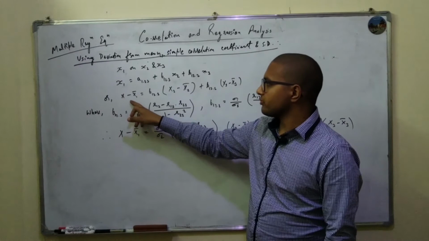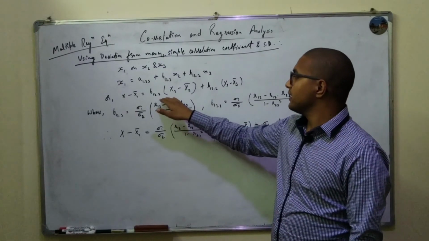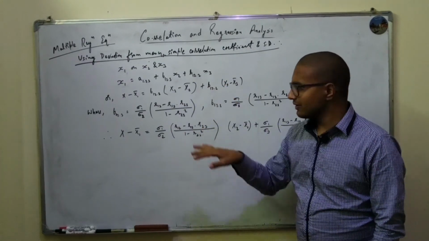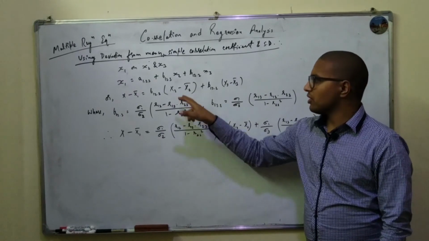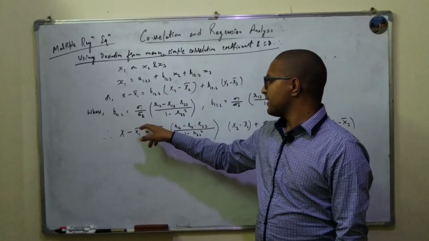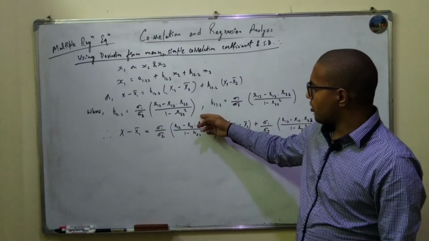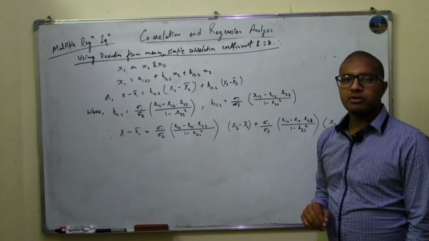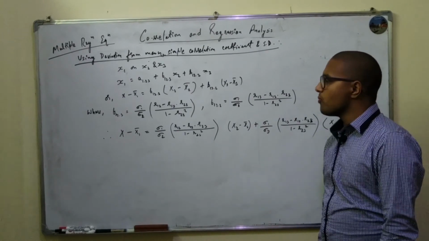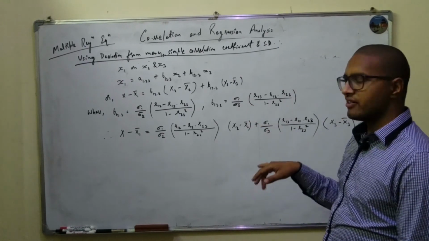Same thing with x2 and x3 in the next steps. For b12.3, you know the formula already: standard deviation of the first variable divided by standard deviation of the second variable, and we use the formula to get b12.3. For b13.2, how much effect 3 has on 1 is looked at by standard deviation of first divided by standard deviation of third.